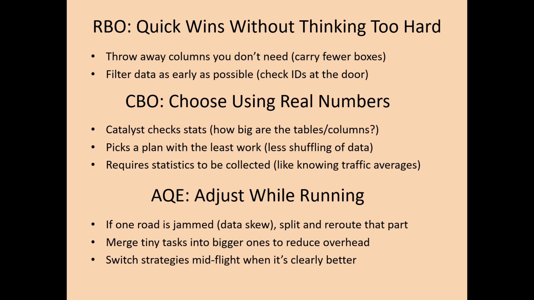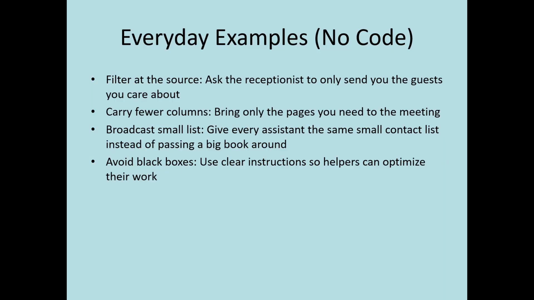So yeah, let's move forward. So here I have provided an everyday example. Filter at the source, for example, ask the receptionist to only send you the guests you care about.